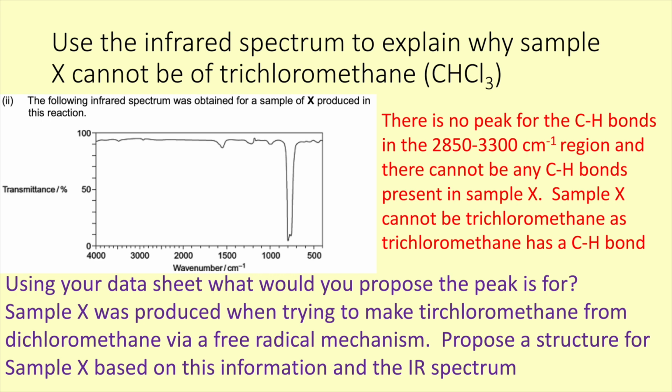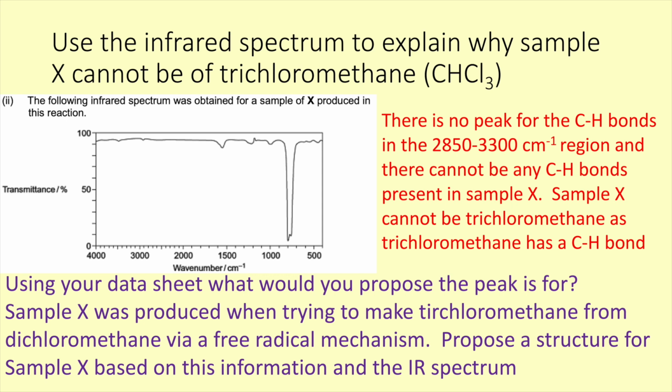Obviously they were not successful, but they were doing this via a free radical mechanism from dichloromethane, CH2Cl2, so we're talking about reacting it with chlorine with UV light to trigger that free radical at the start.